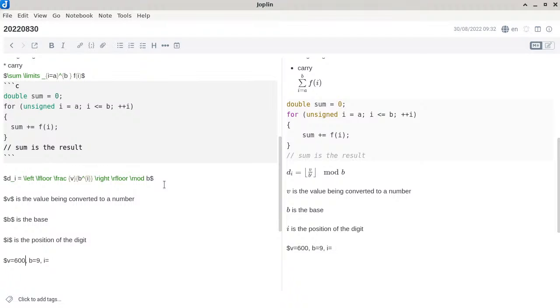Let's take a look at something like this, and we'll try to figure out digit -2. How's that? Is there a problem with this? This is the value that we start off with, and the base we want to convert to is base 9, and the digit that I want to figure out is digit -2.